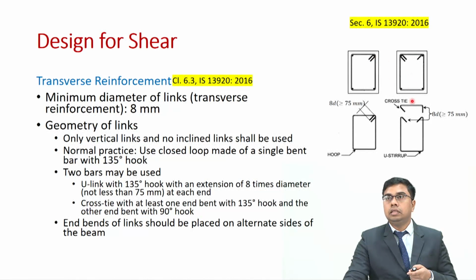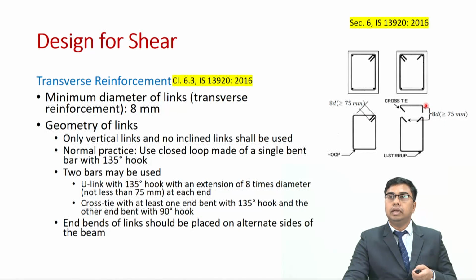Then in these figures it is shown as two different bars. One bar which is in the form of U stirrup with 135-degree hook at both the ends, and another bent bar is a cross tie which is having 135-degree at one end and 90-degree at the other end.